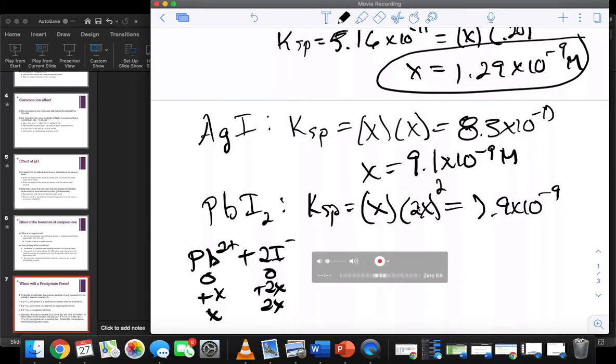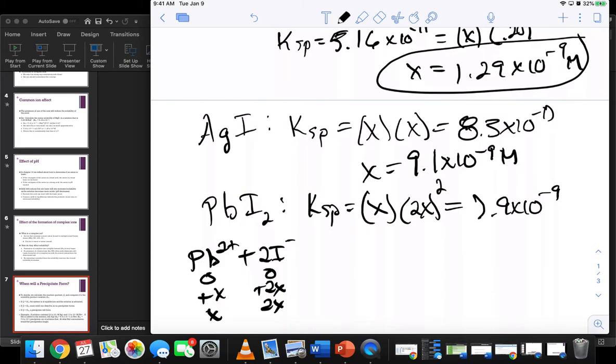Now, solving for that x, in this case, I can solve for my x from that KSP equation. And I get an x value of about 1.2 or 1.3 times 10 to the minus third in this case.